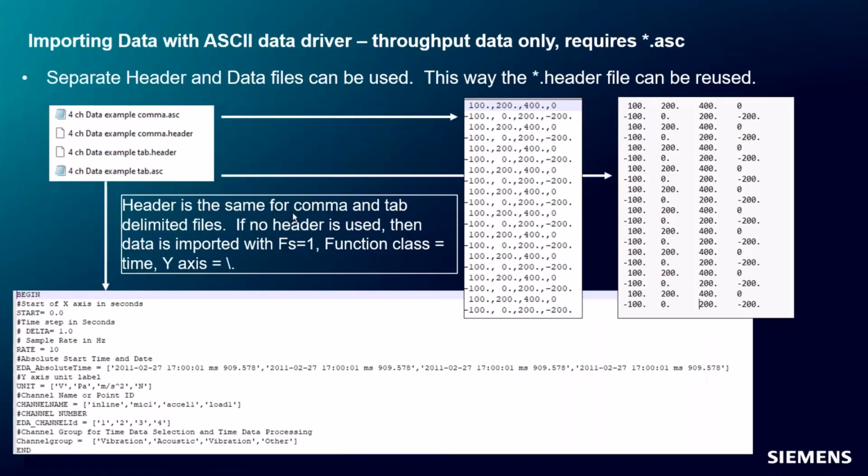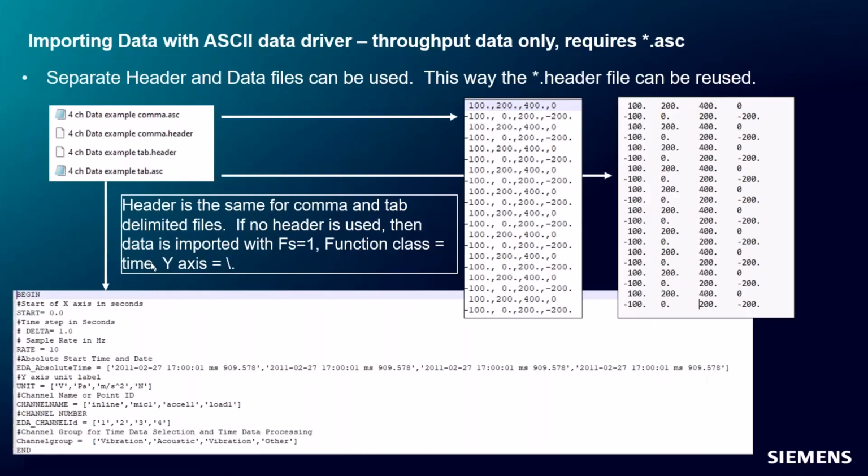So header is the same for the comma and tab delimited files. You can have the header inside the file between a begin and an end, or it can be a separate file with a .header name beside the data in the .asc name. If no header is used, it's still going to import the data.